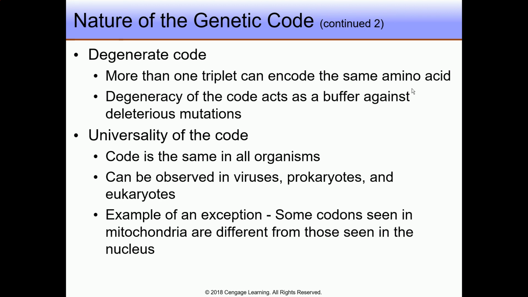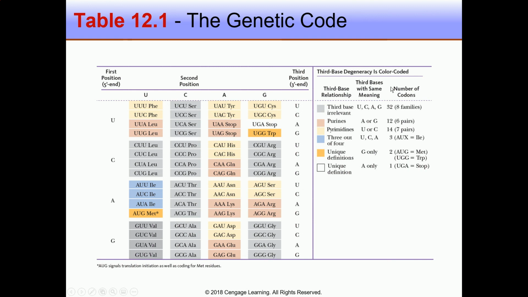So if there are 61 codons and 45 transfer RNAs, one transfer RNA can recognize more than one codon, which means that some of the codons can code for the same amino acid. Like UUU can code for phenylalanine, and UUC can also code for phenylalanine.